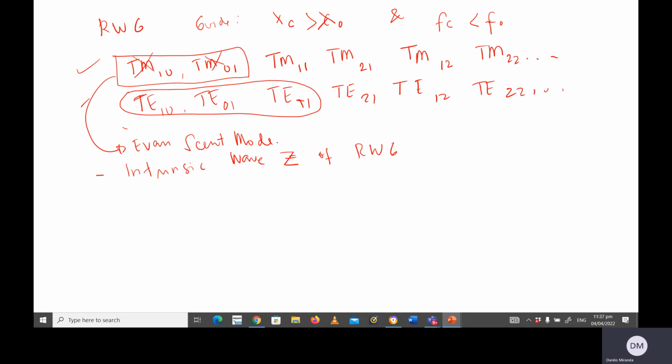So the, okay, I don't know what this Greek letter is, for TE, is equal to 120 pi over the square root of 1 minus FC over F sub O square, which is equivalent to 120 pi over cosine theta.